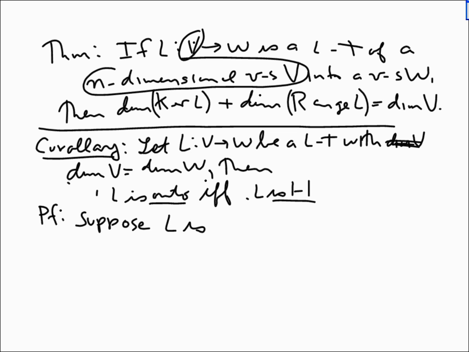That means every element in V goes to one and only one element in W. Well, that would mean the dimension of V is the same as the dimension of the range of L. But the dimension of V is n.